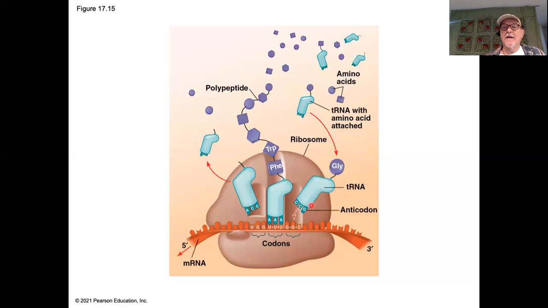Transfer RNA has bases at the bottom here, which will match to the bases in the codon. So here we have 5' G, G, C. In the transfer RNA, we would have C, C, G to bond there.